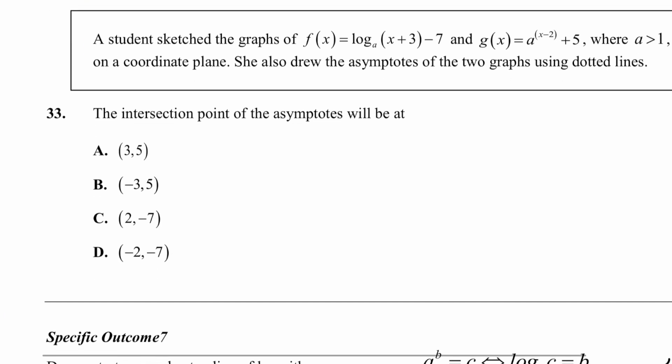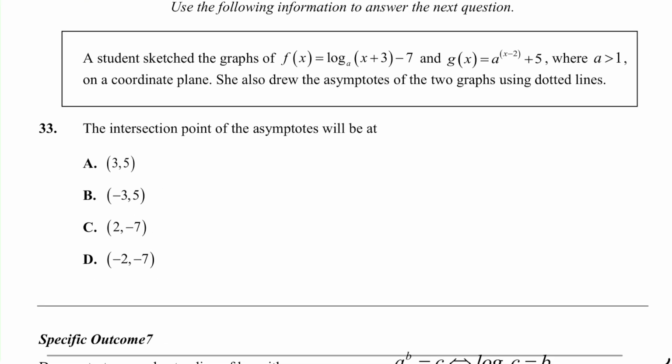Let's look at the next question. In this question, they have given us two graphs, f of x and g of x, where a is greater than 1. So we're talking about growth again. She also drew the asymptotes of the two graphs using the dotted line. Now, an asymptote, if you guys remember, is basically a value which the graph tries approaching but never reaches. It's very close, but it never makes it.